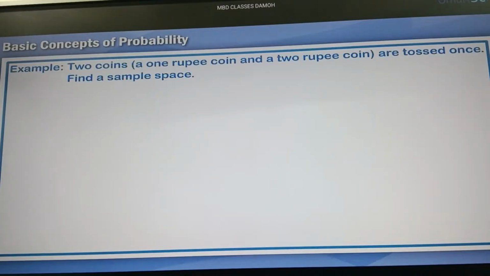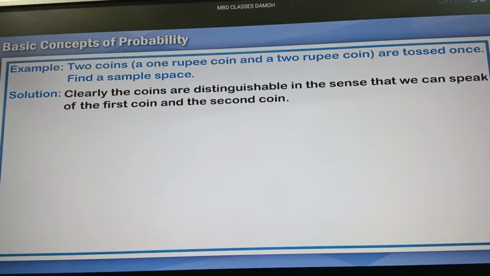Two coins, a 1 rupee coin and a 2 rupee coin, are tossed once. Find a sample space. Now let us try to solve this. Clearly, the coins are distinguishable in the sense that we can speak of the first coin and the second coin.